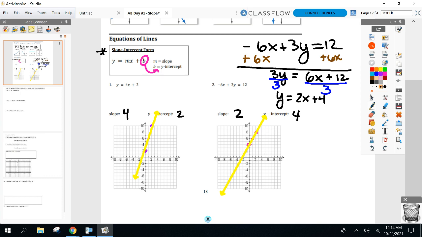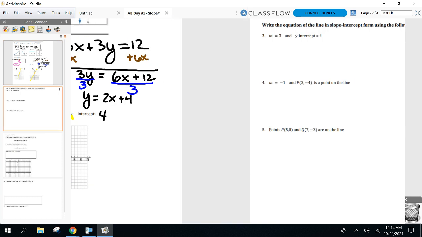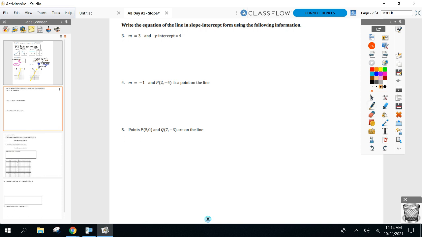All right, any problems? All right, now I want you to write the equation for me. Okay, I'll give you some facts. You give me the equation now. Okay, make sure every equation, directions say slope-intercept form.